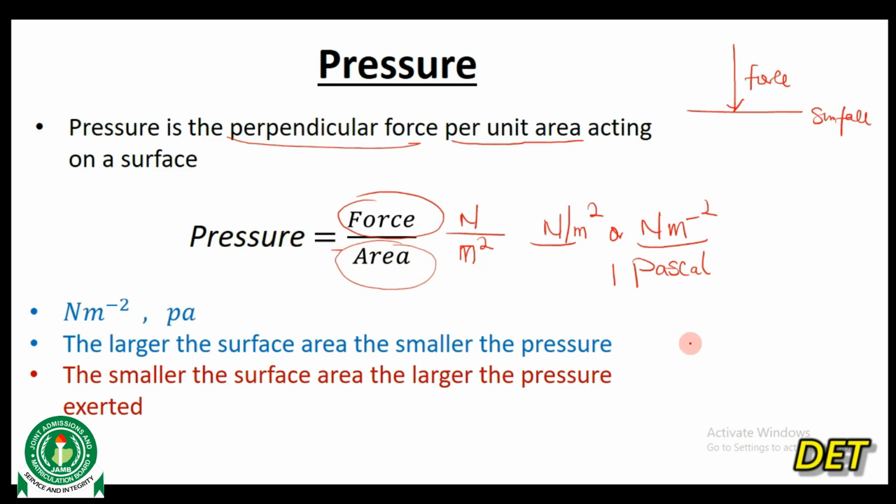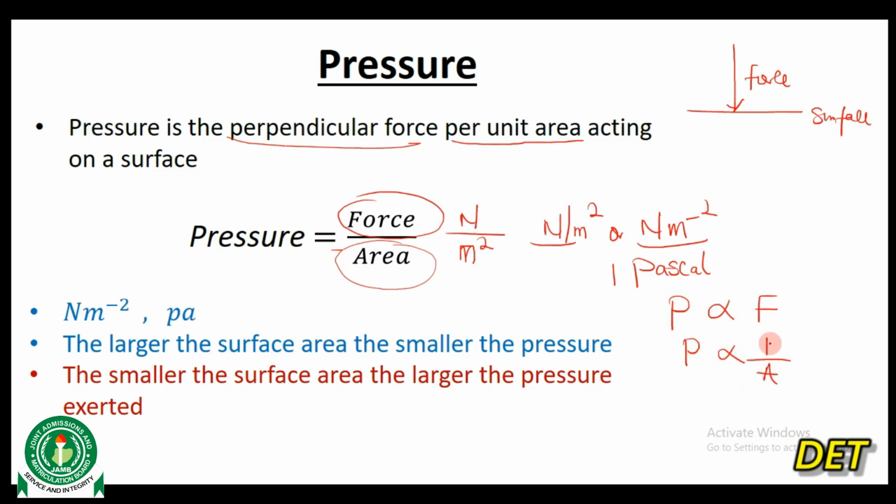How I like to look at it is that pressure is directly proportional to the force, and inversely proportional to the area. As the force increases, pressure increases. As the area increases, pressure decreases. As the area decreases, pressure increases.